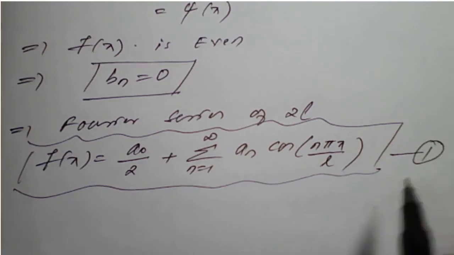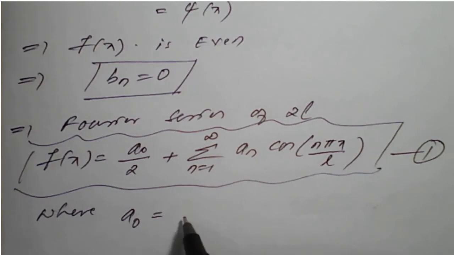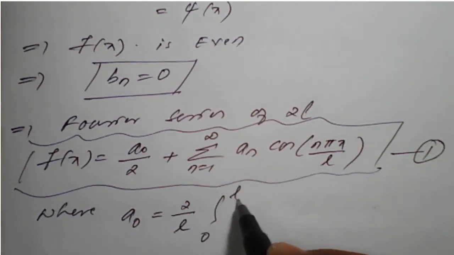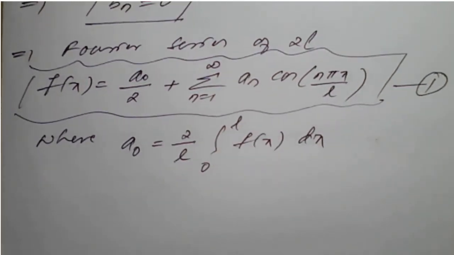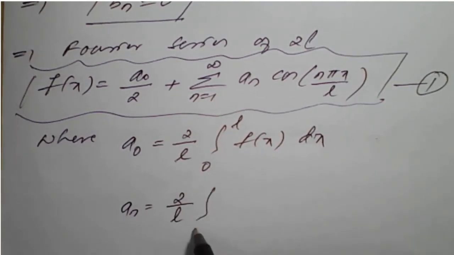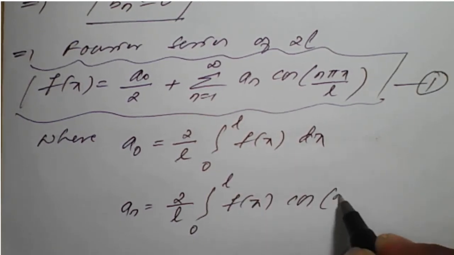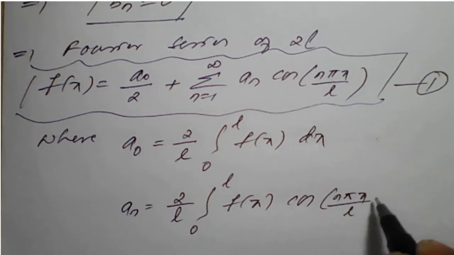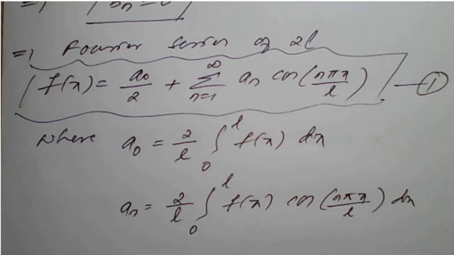I will give equation number 1, where the a naught value, for an even function, is 2 upon L integral 0 to L f of x into dx. Value of an is 2 upon L integral 0 to L f of x into cos of n pi x upon L into dx. So we'll find a naught and an, then we'll substitute in equation number 1.